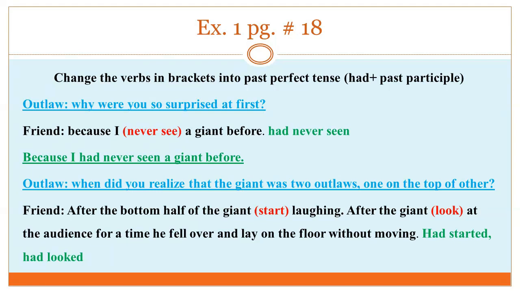And we will put had after the word giant, that is the subject, and the third form of the verb, started, had started laughing. After the bottom half of the giant had started laughing. Then after the giant had looked at the audience for a time, he fell over and lay on the floor without moving. These sentences are solved for you.